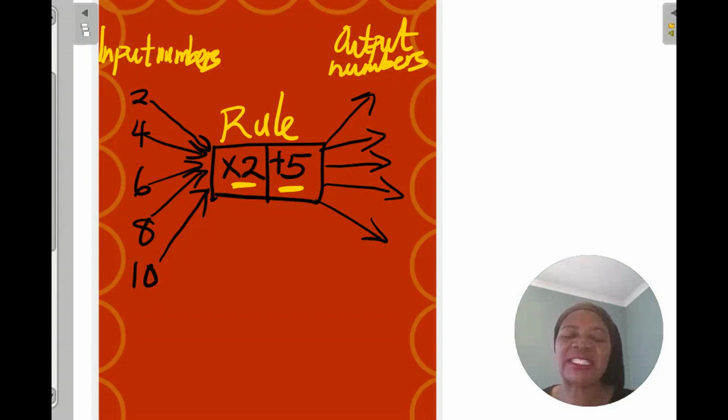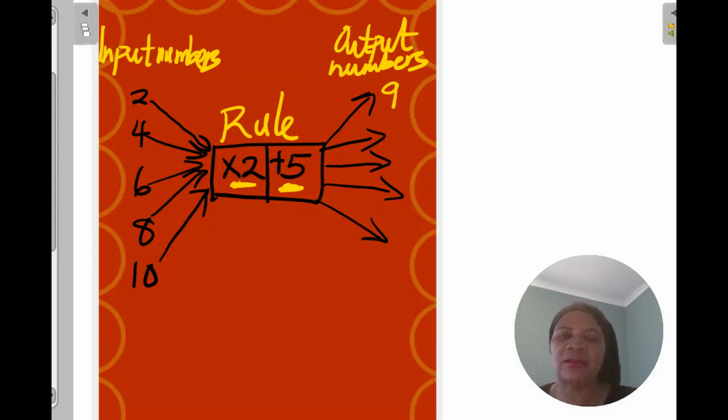So the process has two steps. Let's start with the first input value. We have 2 multiplied by 2, that's 4. And then 4 plus 5, that's 9.